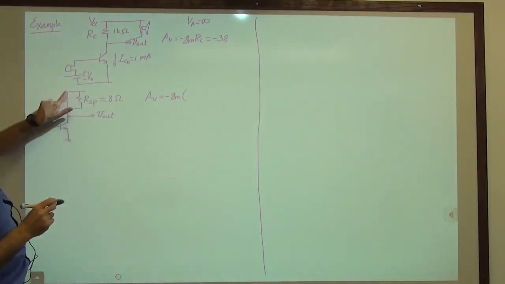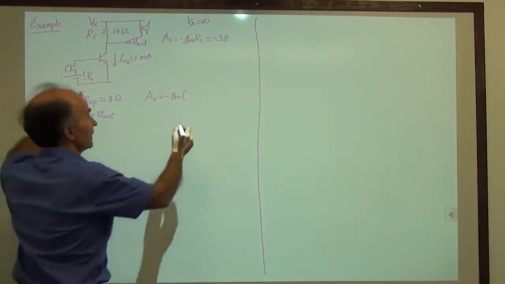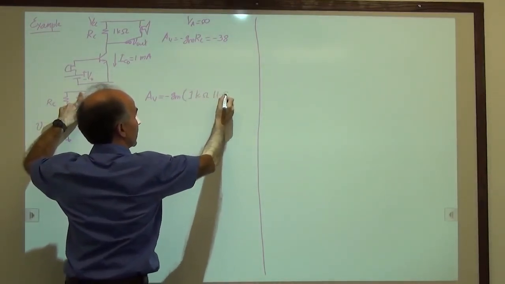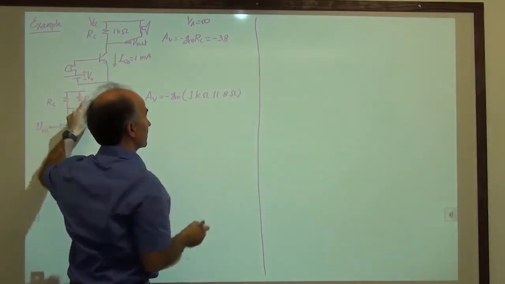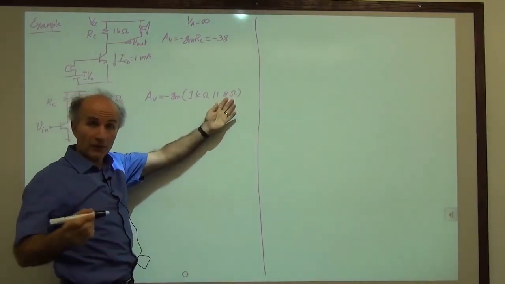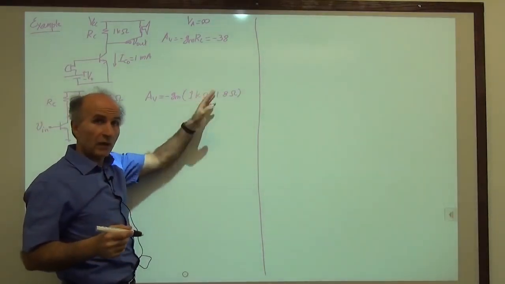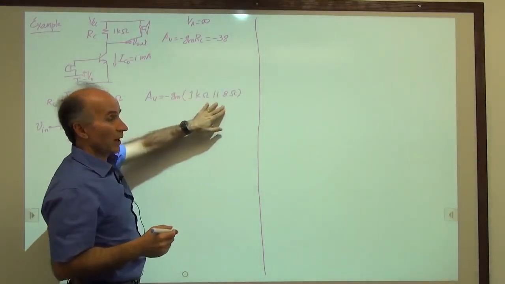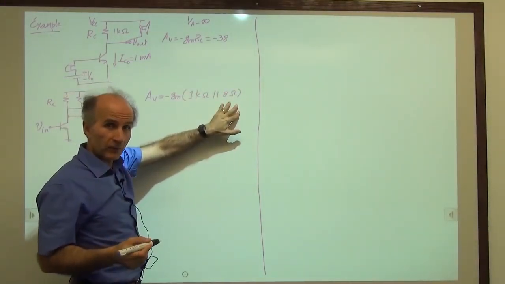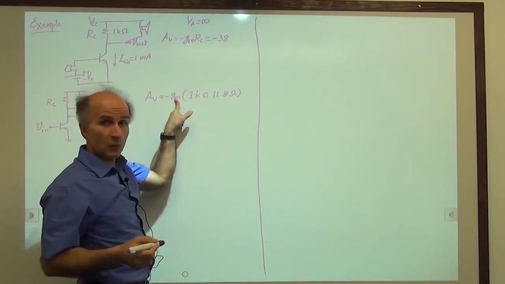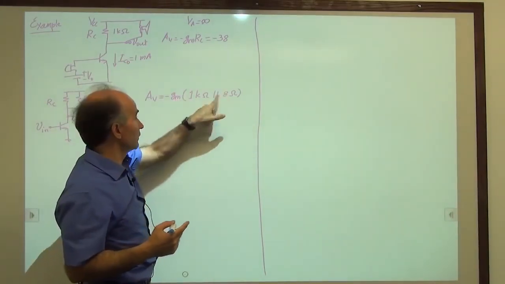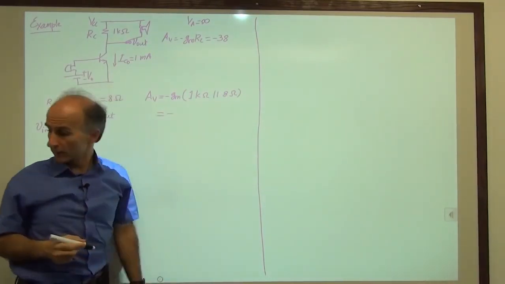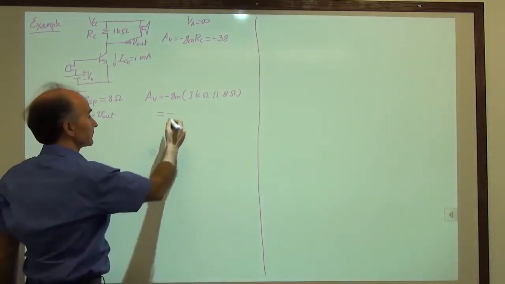So we have RC in parallel with RSP. So we have 1 kilo ohm in parallel with 8 ohms. And you can see that 8 ohms is much less than 1 kilo ohm, so it completely overwhelms this resistance, meaning that this result is approximately equal to 8 ohms. GM is 1 over 26 ohms, so 8 over 26, right? So that's about minus 0.3.